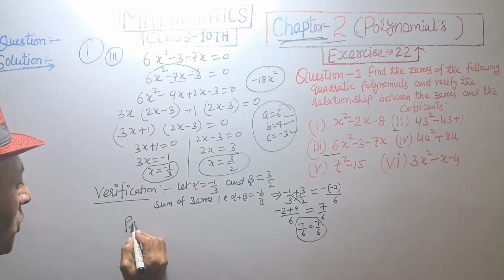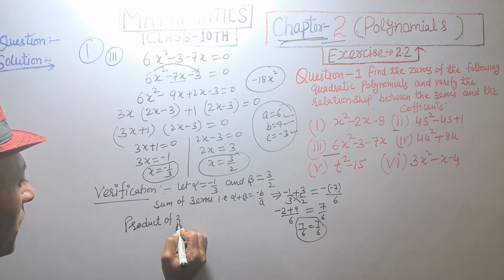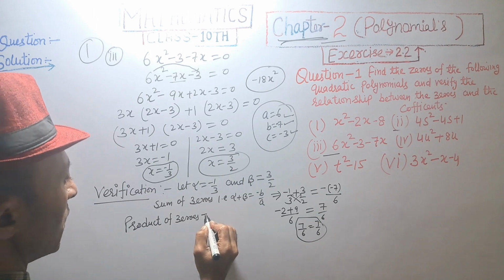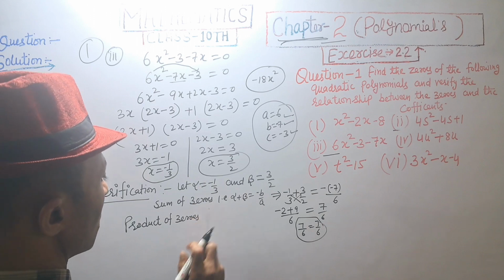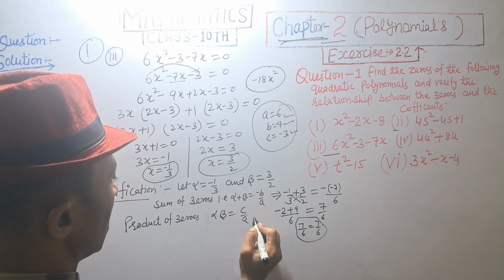And product of zeros, alpha into beta equal to c upon a.